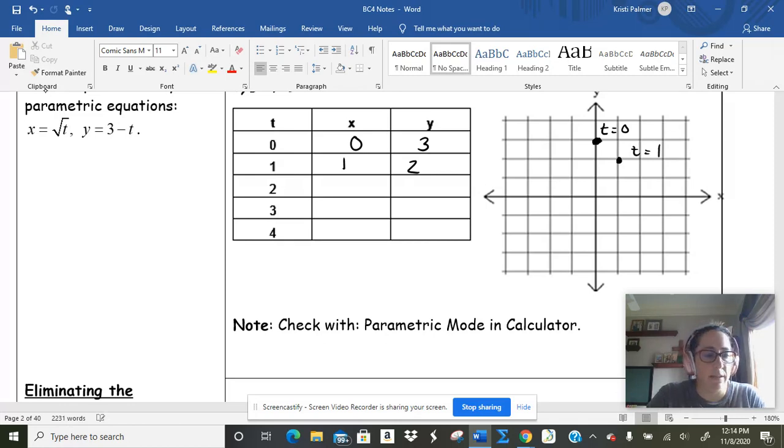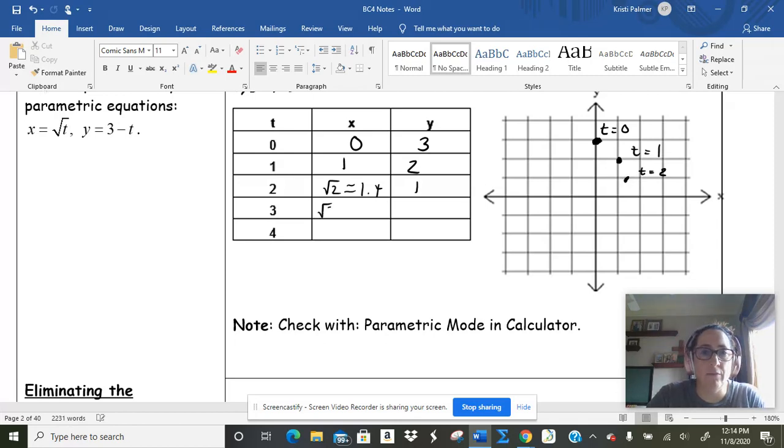Now when I plug in a 2, this is the square root of 2, which is approximately 1.4142-ish. So here I'm just going to have to approximate, but then when I plug in my 2, I get out 1. So at 1.4-ish, I'm at 1. And that's at t equals 2.